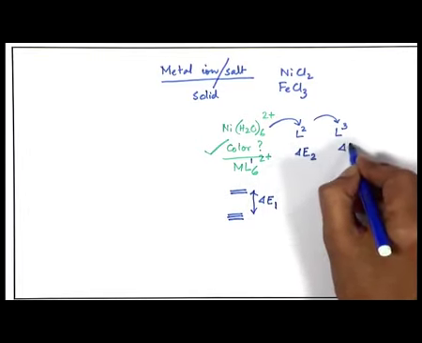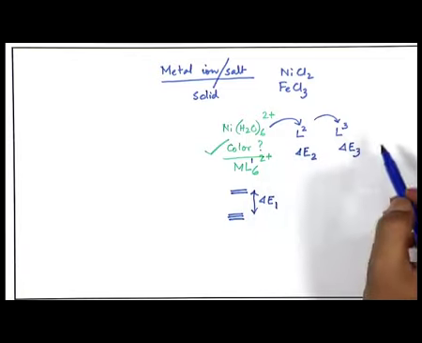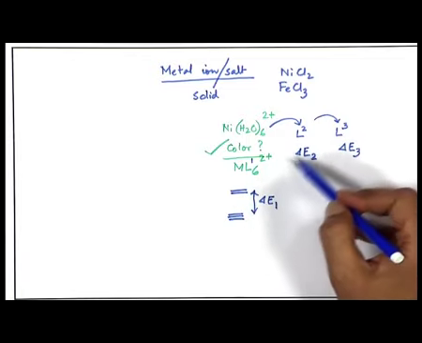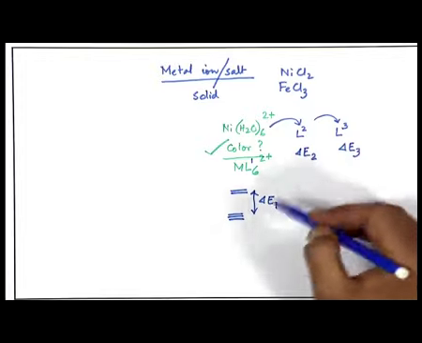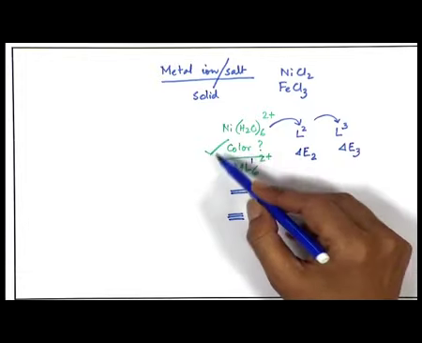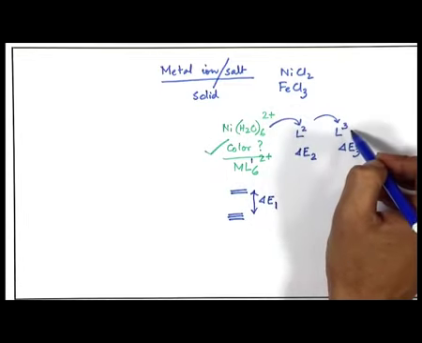Similarly, for the third ligand, you can have a separation of delta E3. So, we should know the trend depending upon this energy gap from delta E1 to delta E2 to delta E3, and we can have the corresponding variation in color as we move from one ligand to the other to the third one.